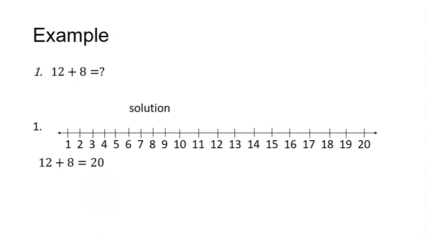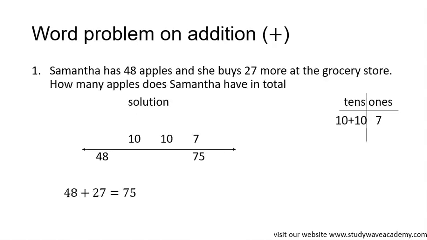So now let's look at some word problems on addition. Here we have number 1. Samantha has 48 apples and she buys 27 more at the grocery store. How many apples does Samantha have in total?